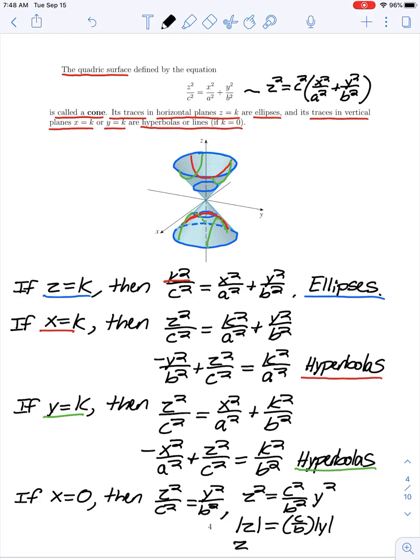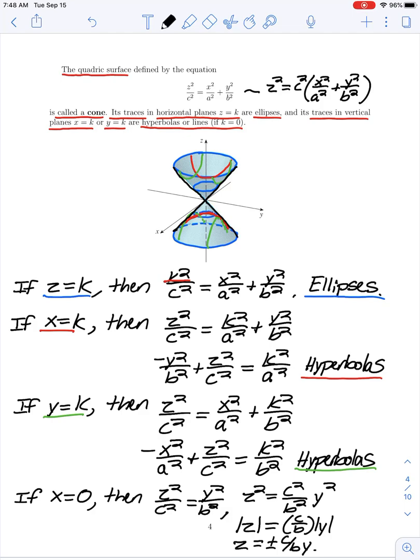Or maybe a simpler way to write this: z is equal to positive or negative c over b times y. So these would represent linear equations. z is equal to some constant multiple of y, which would be defining different lines depending on what the values of c and b are.